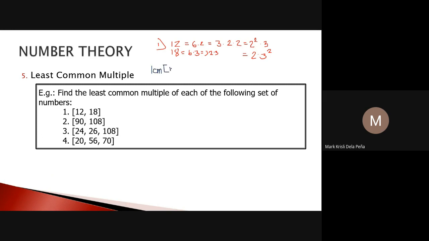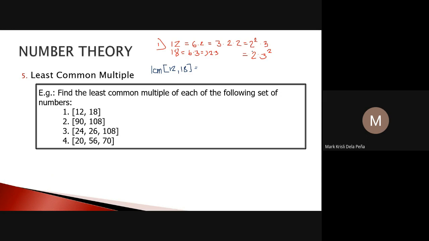So to get the least common multiple of 12 and 18, we will get the prime factors which have the highest order or highest exponent. Include also the prime factors that are not common to the two. Here we have two common prime factors, 2 and 3, but we will get the one with the highest exponent.